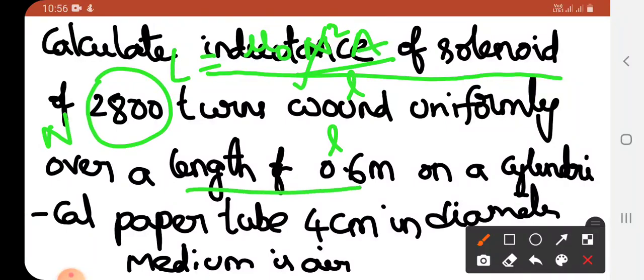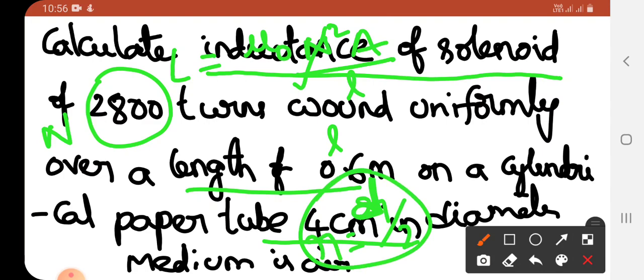Then the paper tube is 4 centimeters in diameter, so the diameter D is given. You can find the radius R, that is D by 2. Therefore we can find the area: A is equal to pi R square. So you know all the values. Now just plug them into this equation and you will get the self-inductance of this solenoid. Just try and you will get the answer.